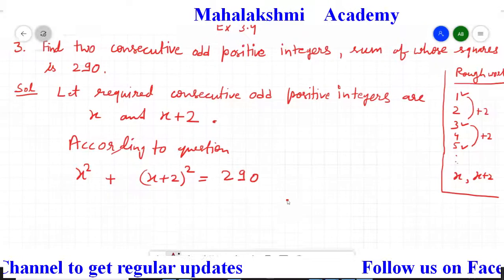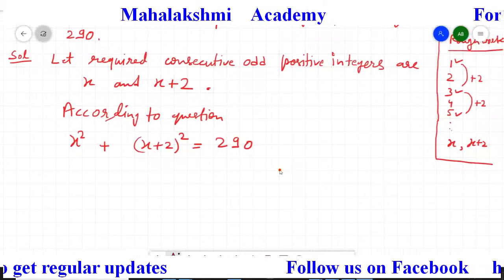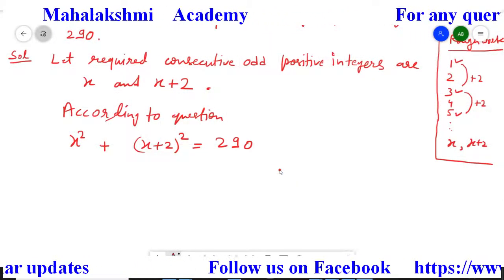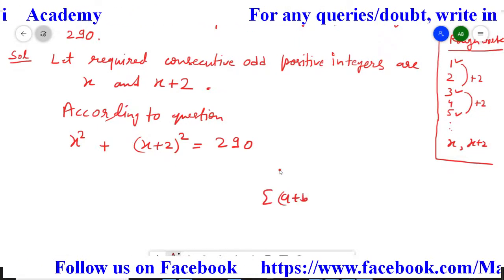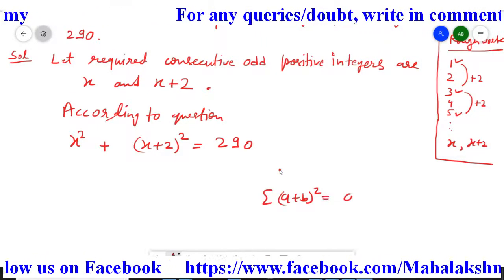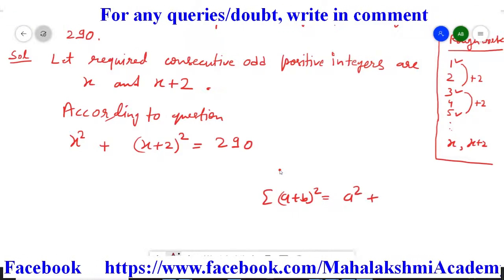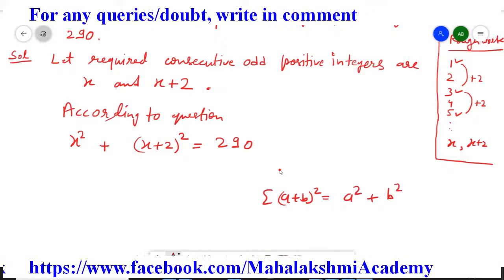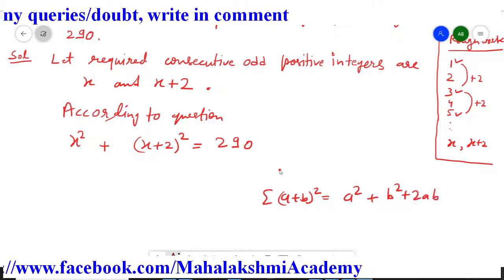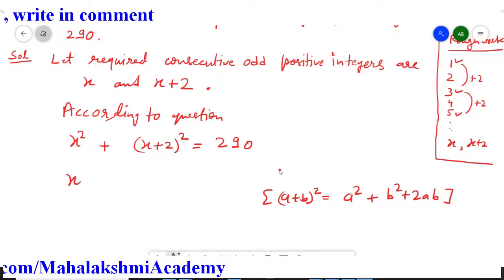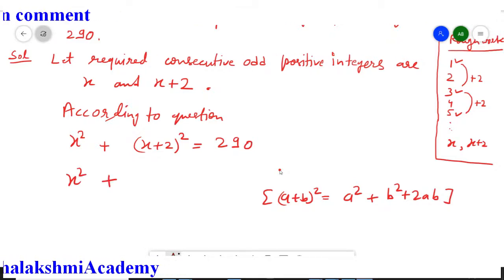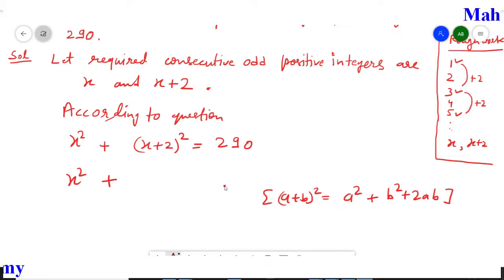To solve it, we have to open the bracket first. To open the bracket, I am going to use the formula a plus b whole square, that is a square plus b square plus 2ab. The first x square we write as it is. Now in this bracket we use the formula a plus b whole square. What is a here?